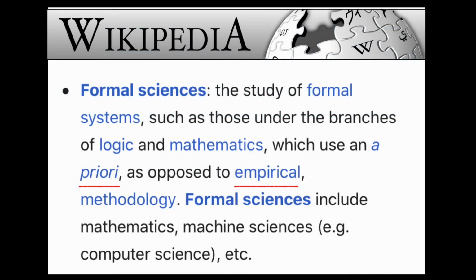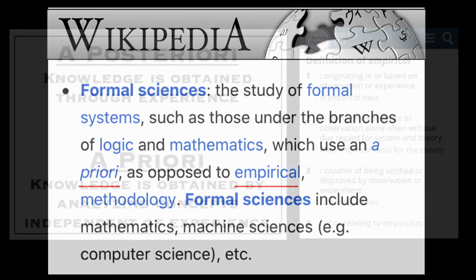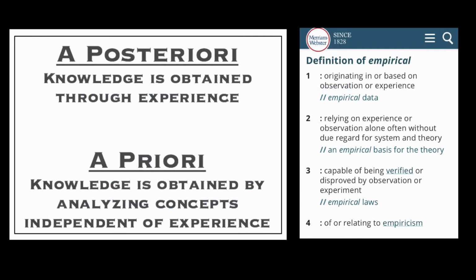Formal sciences, the study of formal systems such as those under the branches of logic and mathematics, which use a priori as opposed to empirical methodology. Formal sciences include mathematics, machine sciences, and computer science. A priori, a posteriori. Knowledge is obtained through experience, or knowledge is obtained by analyzing concepts independent of experience.